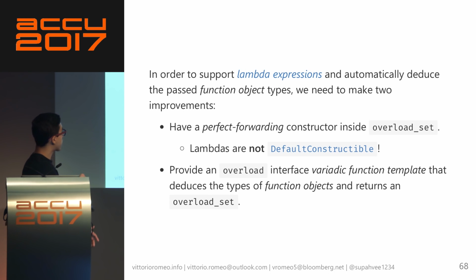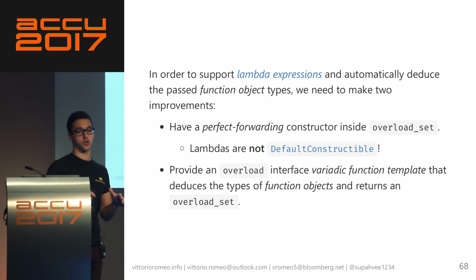But if we want to support lambda expressions and automatically deduce the function object types, we need two improvements. The first issue is that lambdas are not default constructible. And I think that Louis wants to change that and make lambdas a little bit more flexible, which is nice. But regardless of that, we still want to perfect forward the instance of the function object or the lambda we care about inside our overload set.